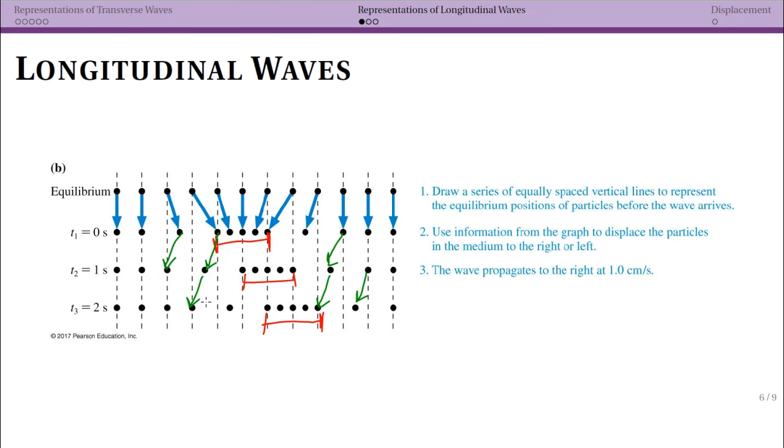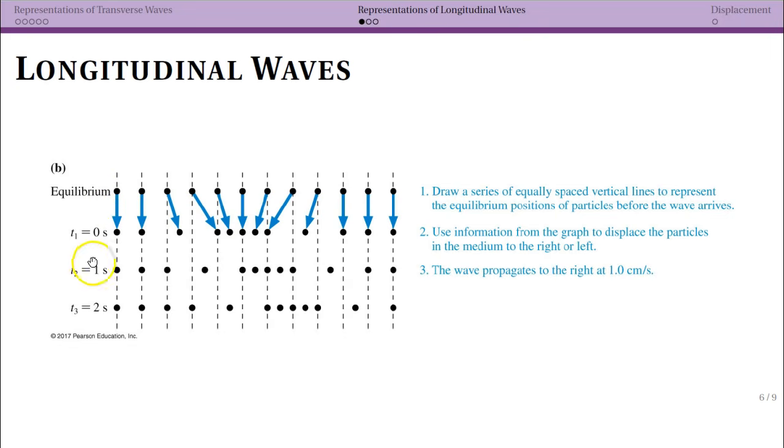So notice that these are moving back and forth. Keep in mind that we have time going this direction. So if I was to trace out what's happening here, we have motion to the right, then motion back, and then motion back again. So all of our motion is happening in one direction in these plots, but we're using the second direction to represent time.